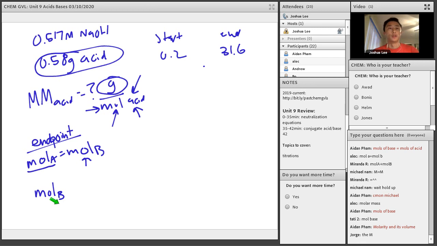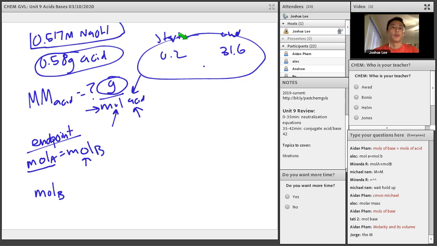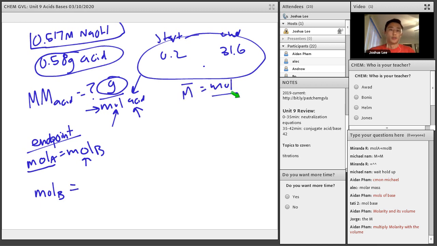Yeah, we know the molarity of the base, and we can find the volume of the base that we used during our titration. How do I find moles? Remember, molarity is moles over liters. So to find just moles, it'd be molarity times liters.